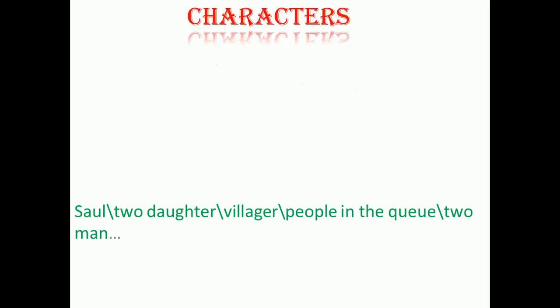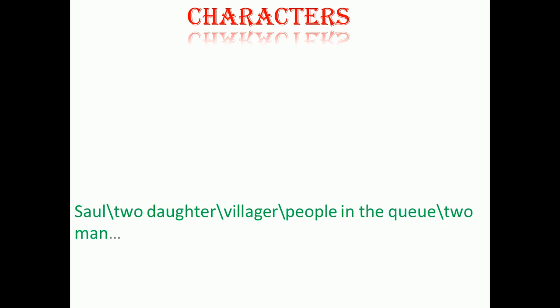So let's move to characters, les personnages en français, the characters of a story. Every story contains characters. They can be animals, people, or something else, even clothes talking with each other.